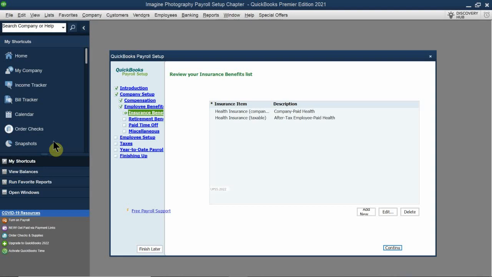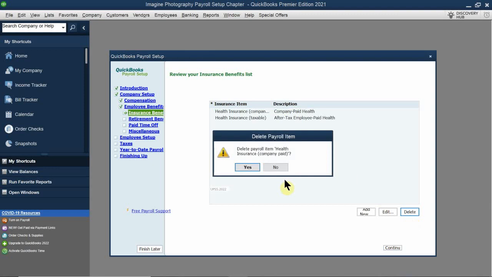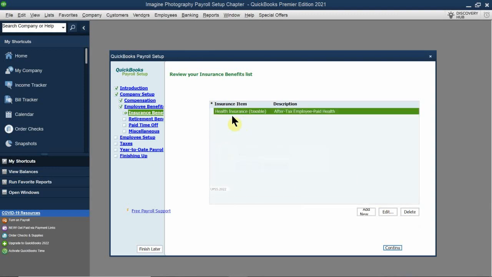So in this case, the medical insurance is going to be, we're going to get rid of the company's. I think this is the company one. We're just going to get rid of this because we won't need it. And then here we're going to change this, because I don't like health insurance.